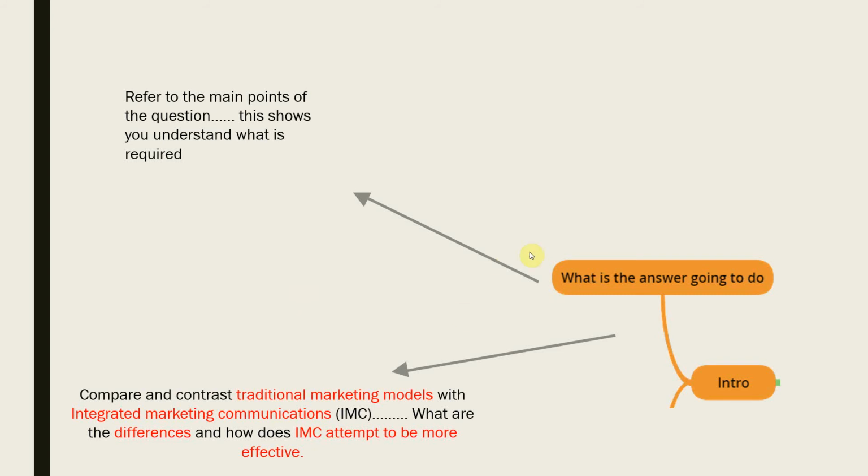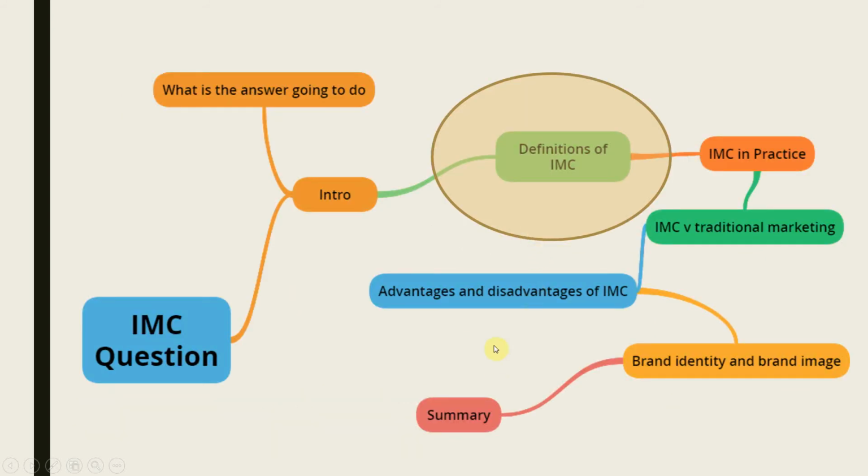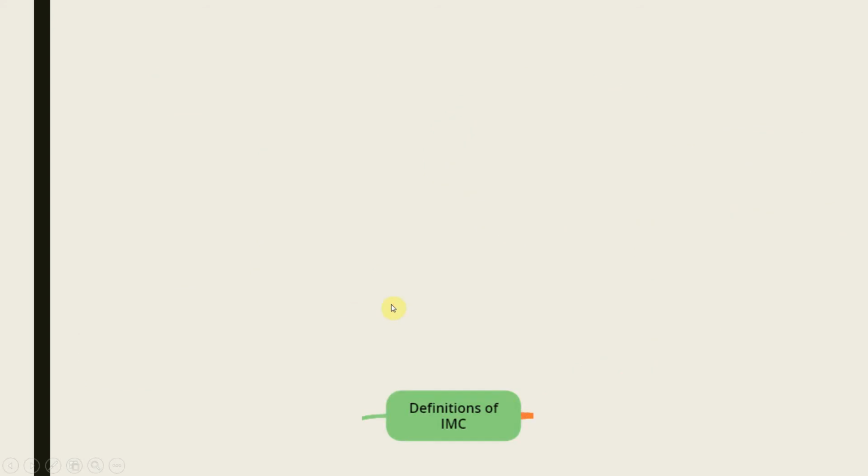Alright, so next bit, we've got the intro. Then, next bit of your answer, we start off by defining integrated marketing communications. What I'm going to point you towards now are the bits in the lecture notes from the IMC lecture that you can look at.